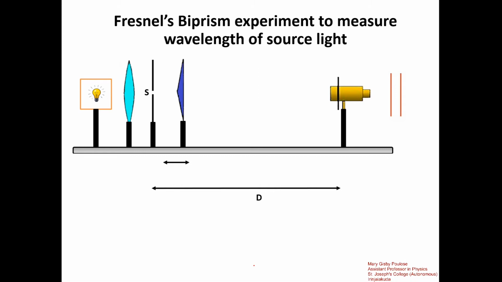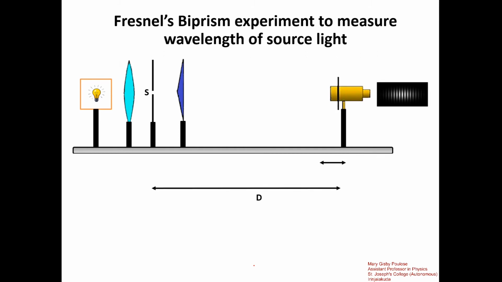We can fix the position of the biprism when we obtain two clear images of the slits. Next, we move the eyepiece further away from the biprism until we get the pattern of fringes.